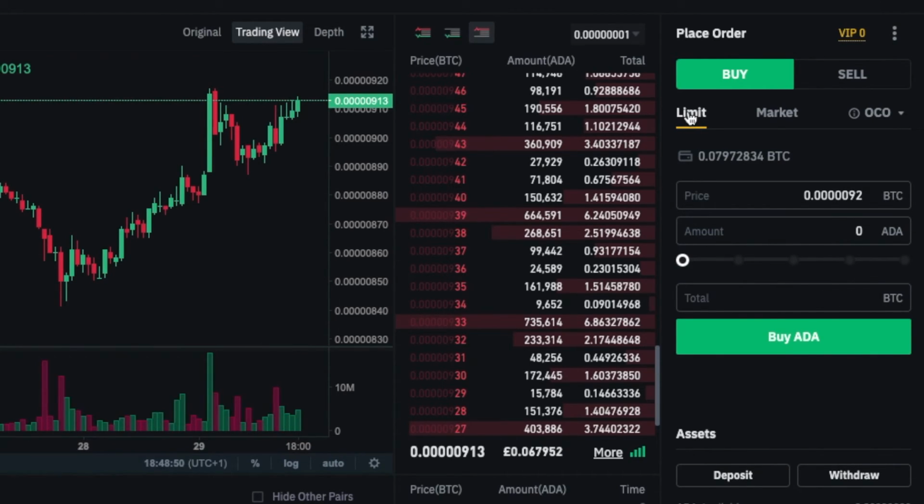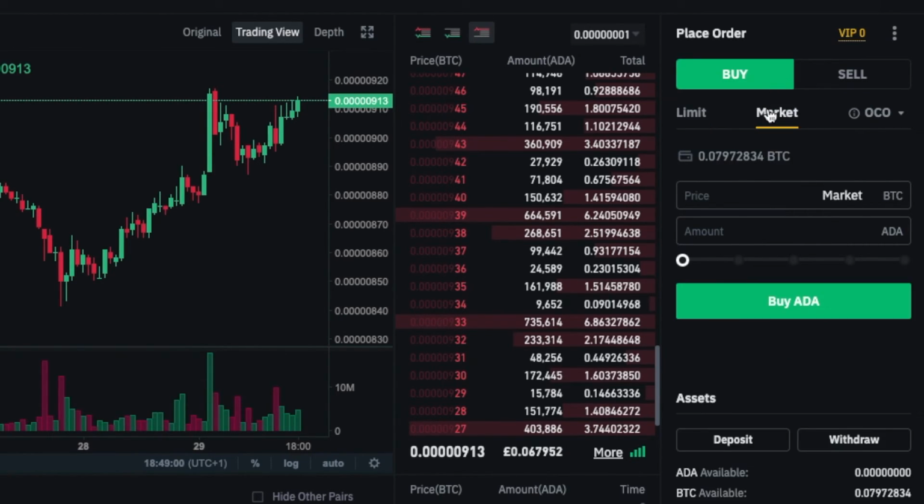A limit order is just what it says: you set the limit at which you want to buy or sell this pair. Then you've got market, which is at that exact market cost. Here it's currently 913.